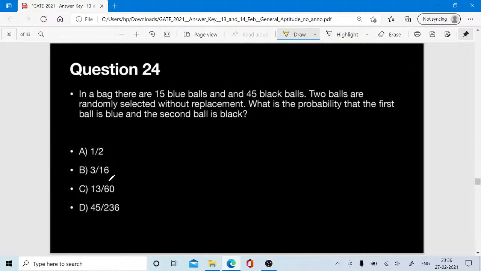Question 24. In a bag, there are 15 blue balls and 45 black balls. 2 balls are randomly selected without any replacement. What is the probability that the first ball is blue and the second ball is black?